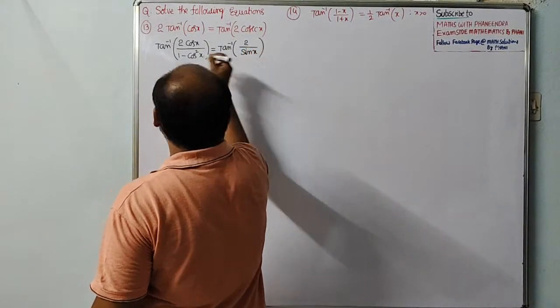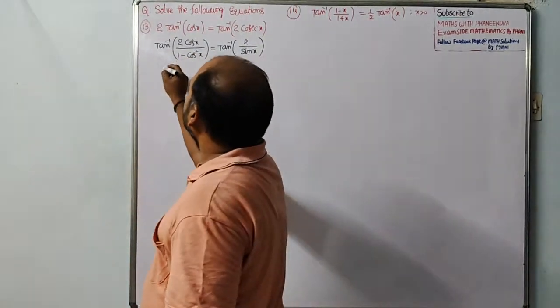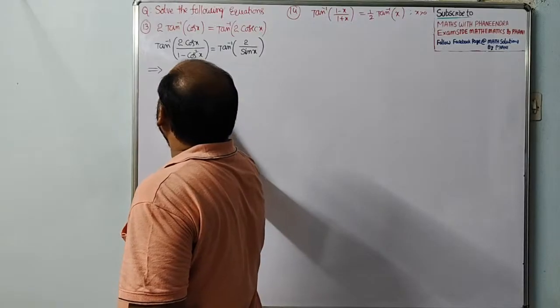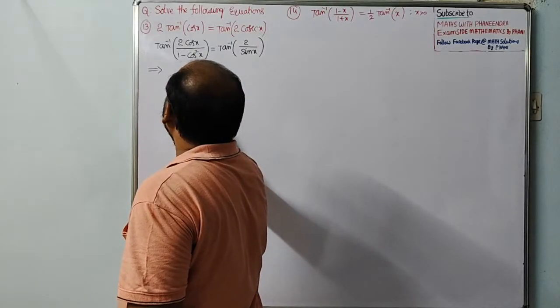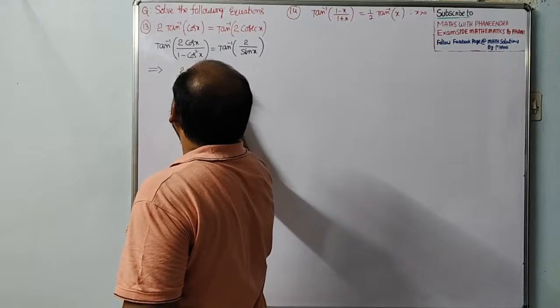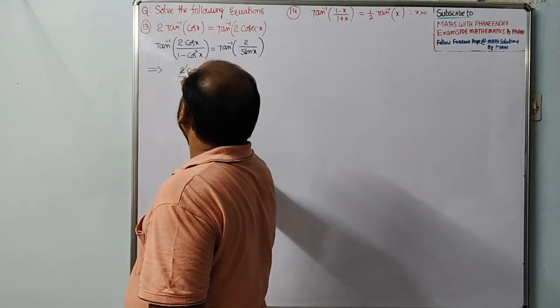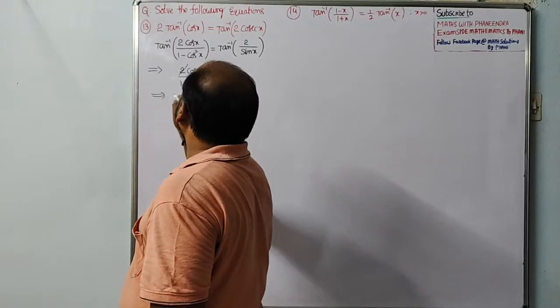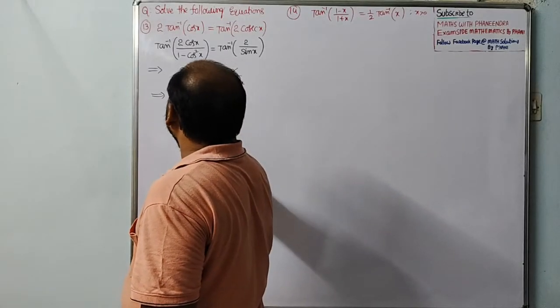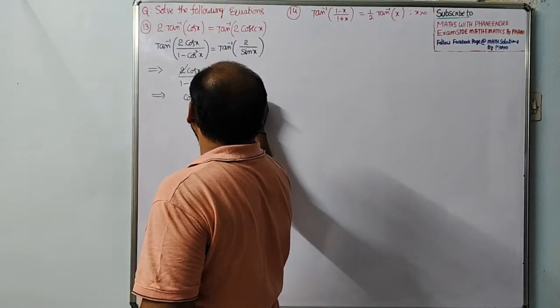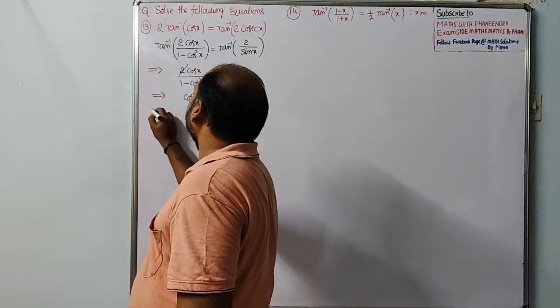So both the tan inverse functions are equal, so we are going to equate their arguments. That means 2 cos x by 1 minus cos square x is equal to 2 by sin x. So 2 gets cancelled. Cross multiplying, cos x into sin x is equal to 1 minus cos square x.